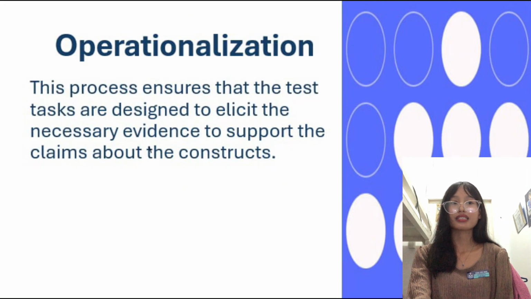This process ensures that the tasks are designed to elicit the necessary evidence to support the claims about the construct. So this emphasizes that the goal of all careful planning is to make sure you gather the right information to prove or disprove your ideas about what you're testing.